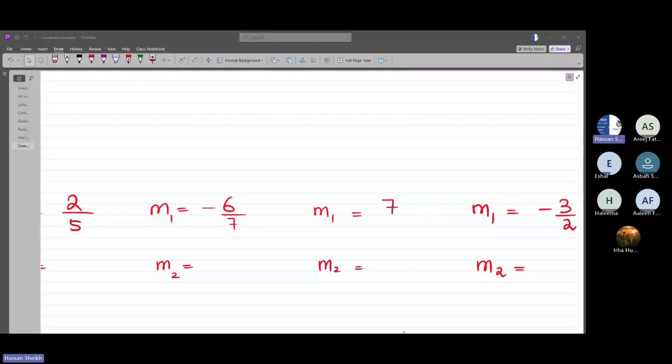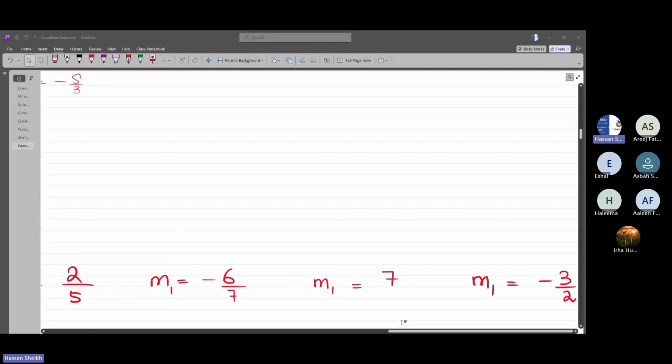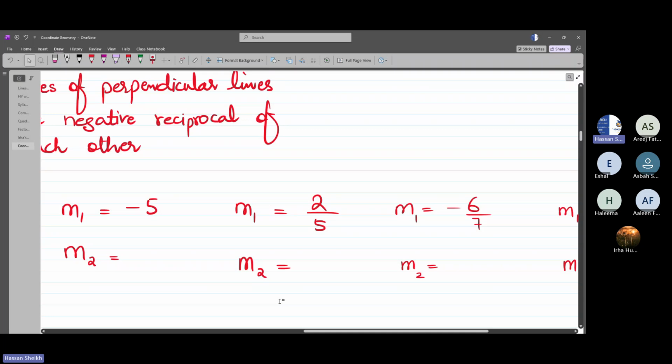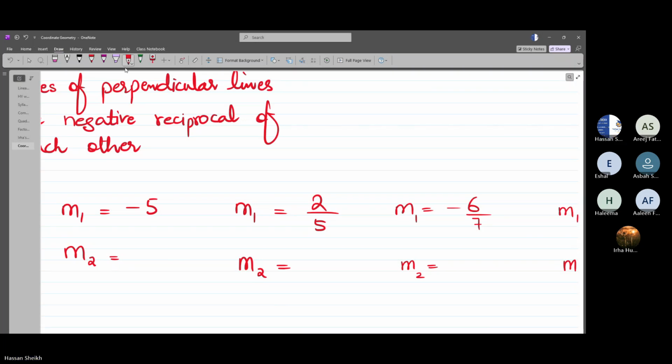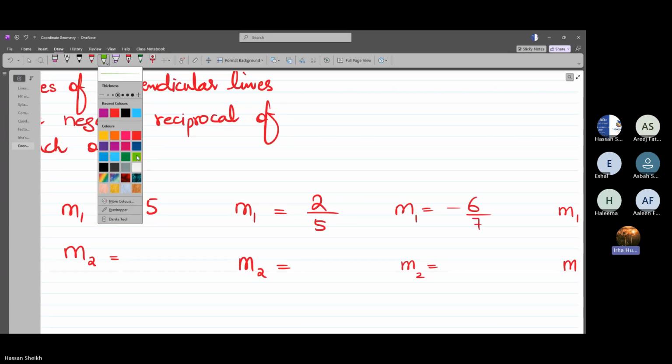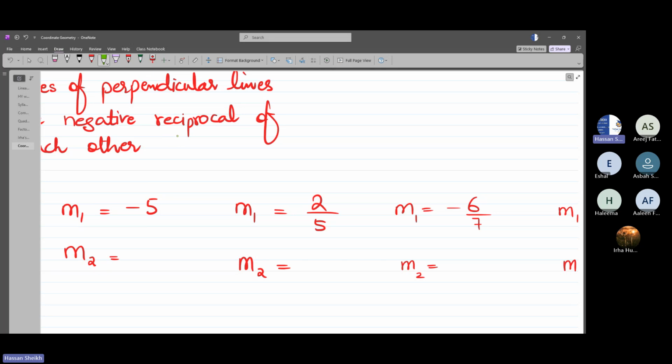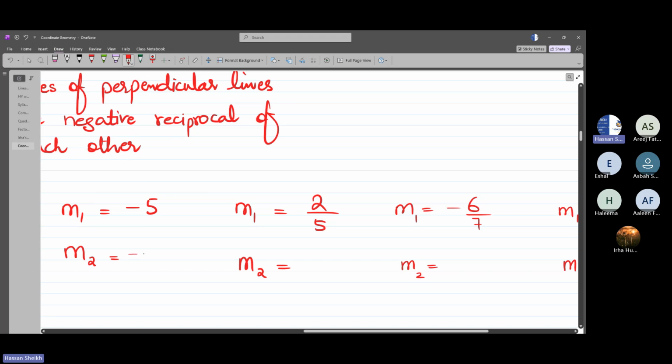Okay, starting off with Irha. Irha, slope of M1 is -5. So what would be the slope of M2? Minus 1 over 5. Minus 1 over 5? Yes, minus 1 over 5. Okay. So, is she correct?